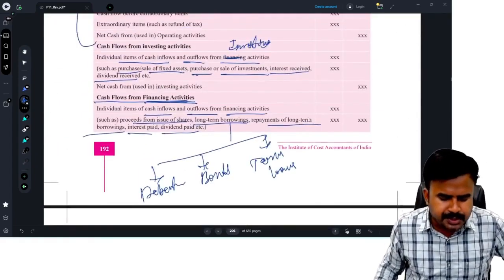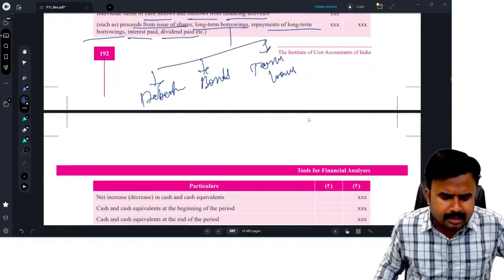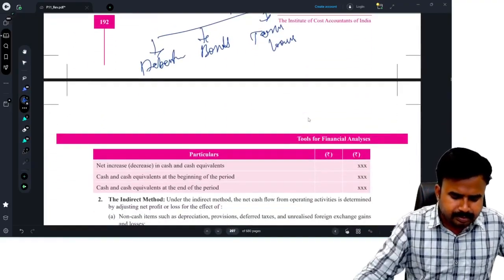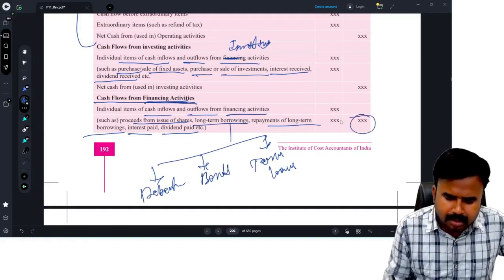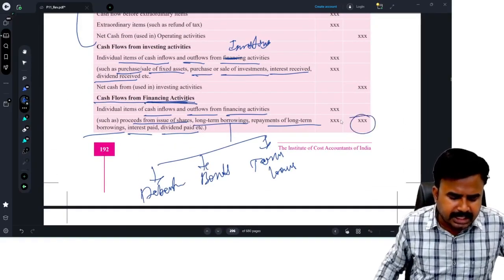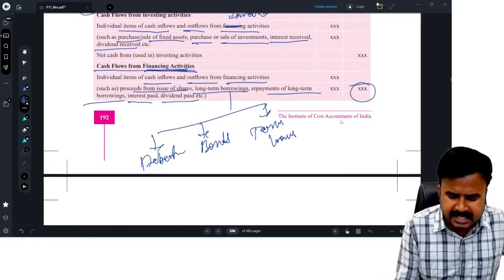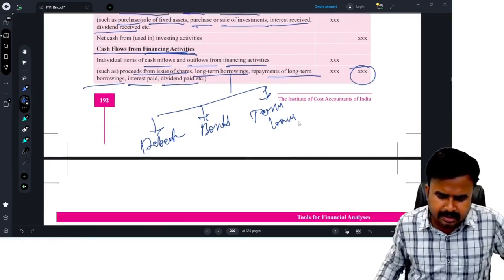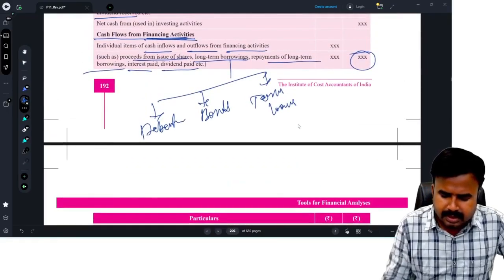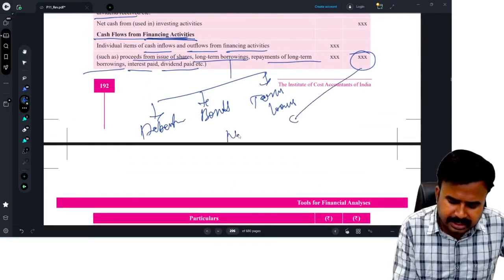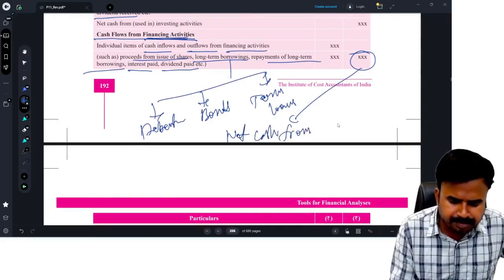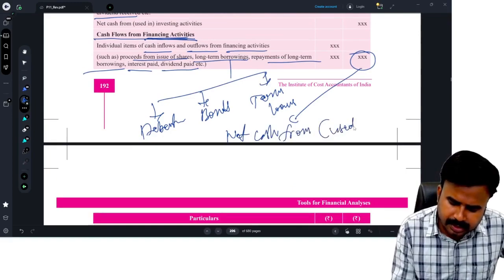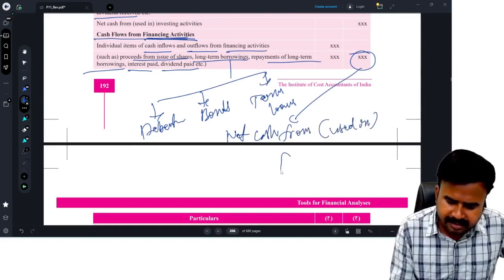Okay. So the net result can be this number, that is net cash from or used in financing activities. That's the sentence you must use here. So this is net cash, same sentence, net cash from or used in financing activities.